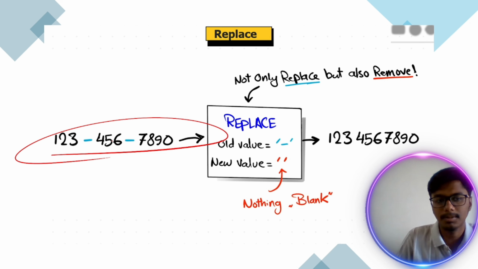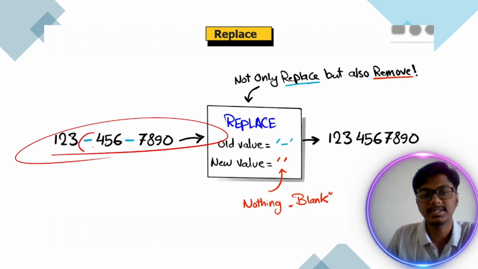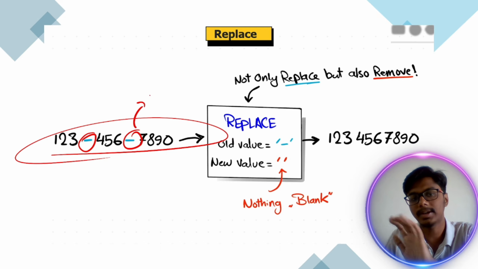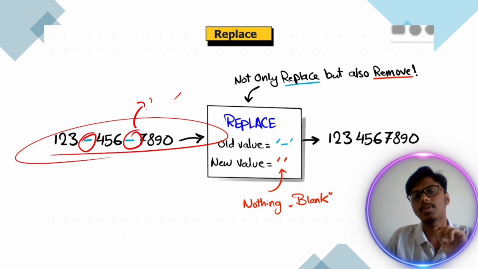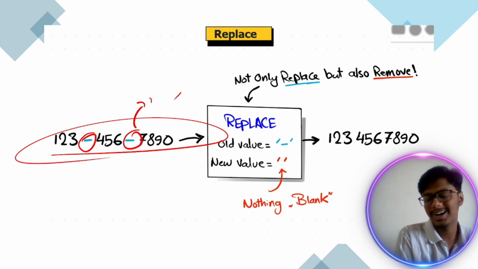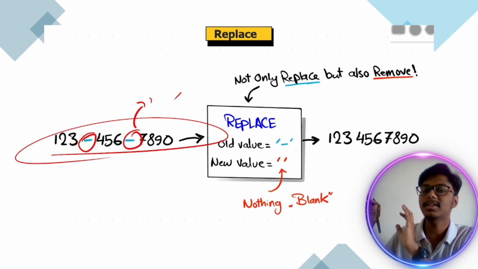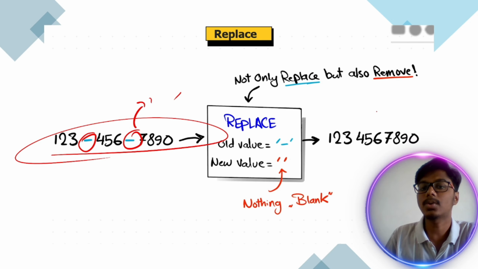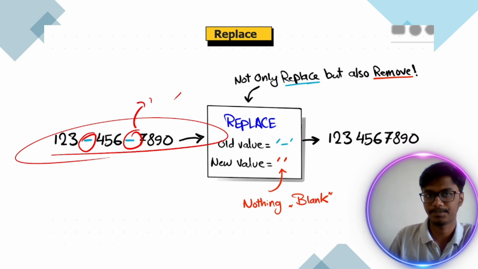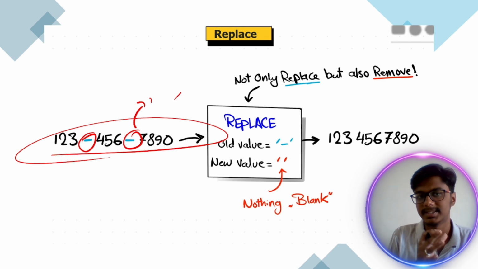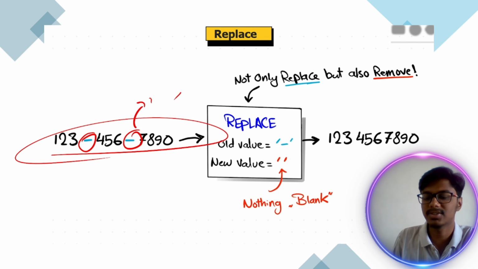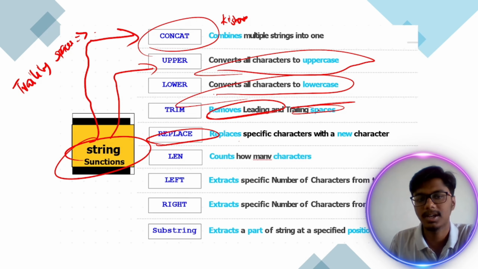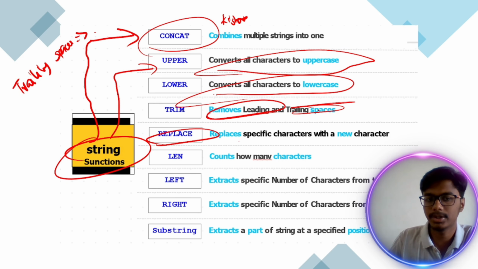I don't want this hyphen, so I want to replace it with something else. It not only replaces but also removes the hyphen. That's what the replace function does.